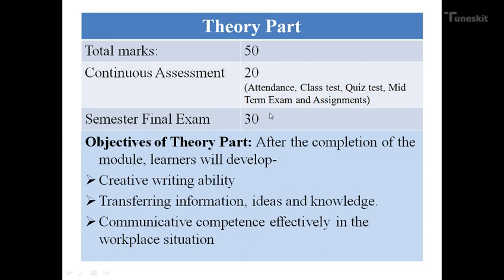The other is the semester final exam, and you have to sit for the semester final exam for 30 marks, a 2-hour exam. I shall discuss the semester final exam in a later portion of this class.